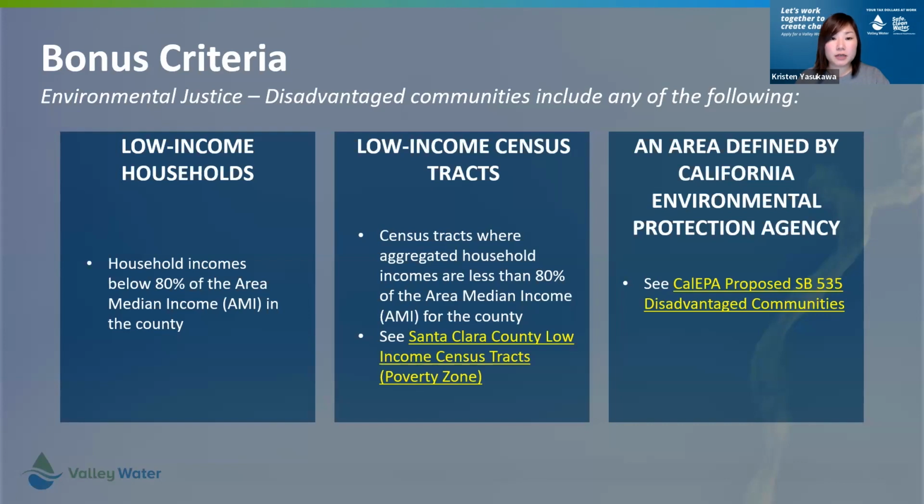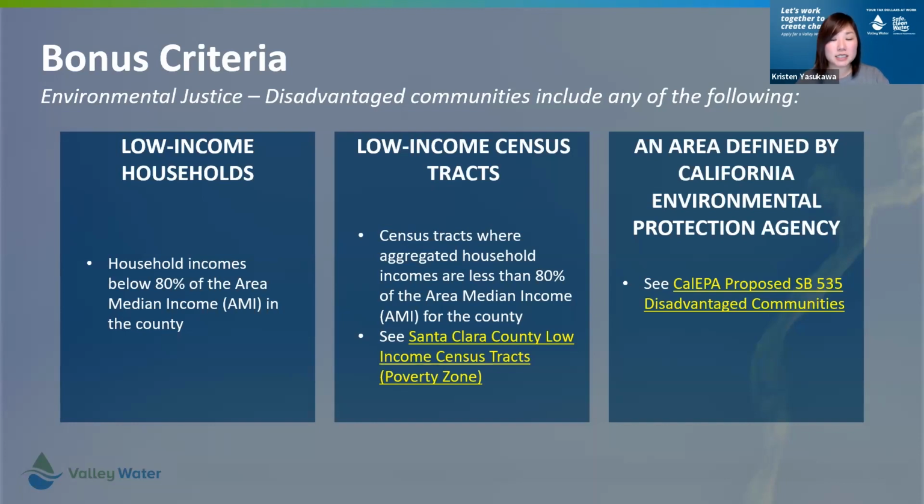So if your project is located in or serves a community that shows up on any of the 3 maps, it doesn't have to be all 3, it could be just one of the 3, then you would be eligible for those 5 bonus points. And the links, I know, are not hyperlinked on the presentation, but they're hyperlinked from the standard grant guidelines as well as in our frequently asked questions document.